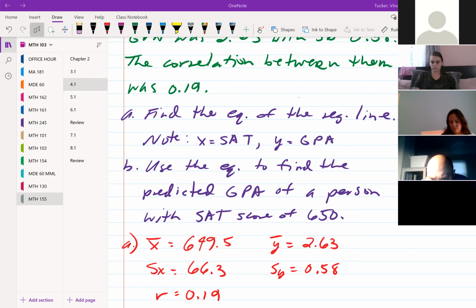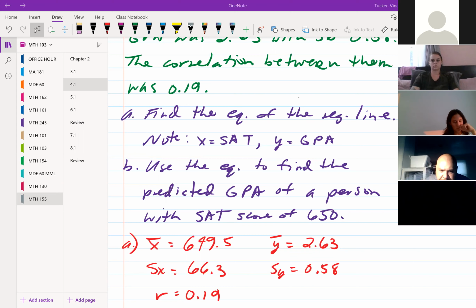So notice in B, it says use the equation to find the predicted GPA. So that lets you know that that's your Y, your response variable. So we're using X, your explanatory variable, in this case the SATs, to explain or predict what the GPA of a first-year college student will be. So that's what we're trying to do here.